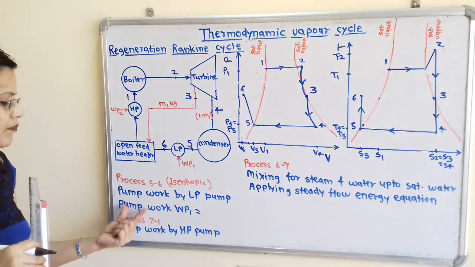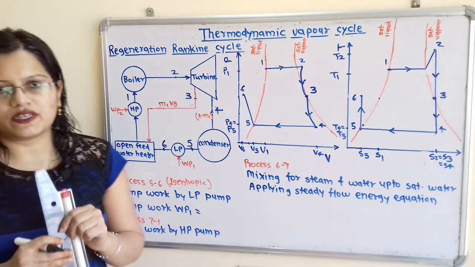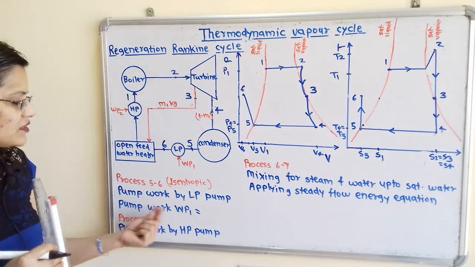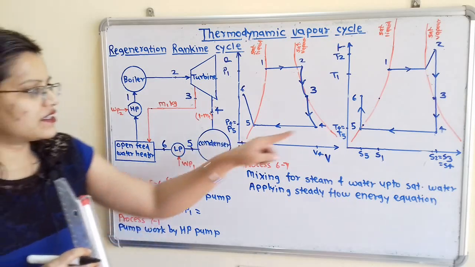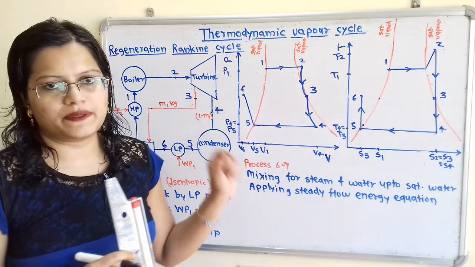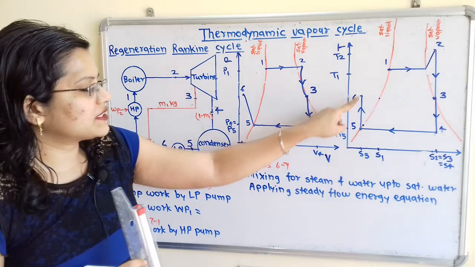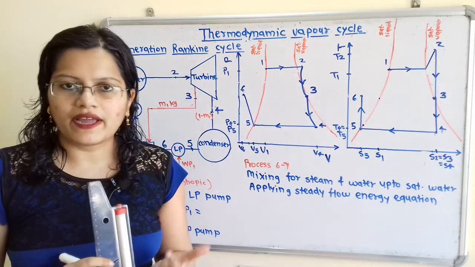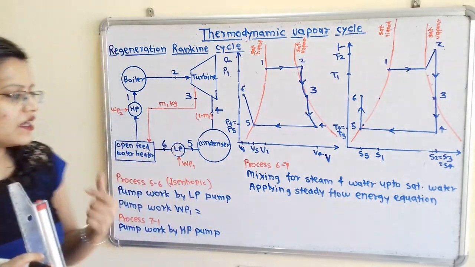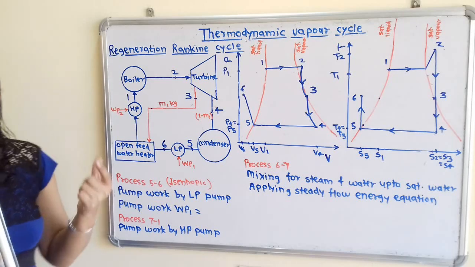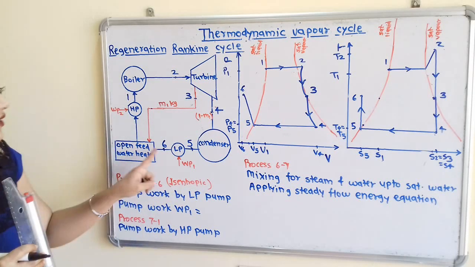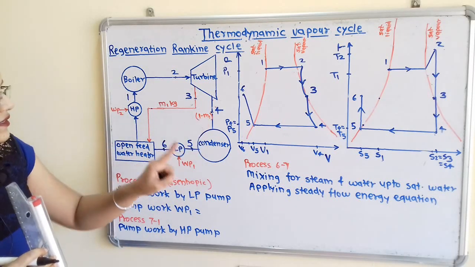Now how to show pump work WP1? So we know that this pump work WP1 is nothing but the change in enthalpy. So enthalpy at point 6 minus enthalpy at point 5 multiplied by what is the amount of steam or amount of working substance. So here working substance is 1 minus m1.